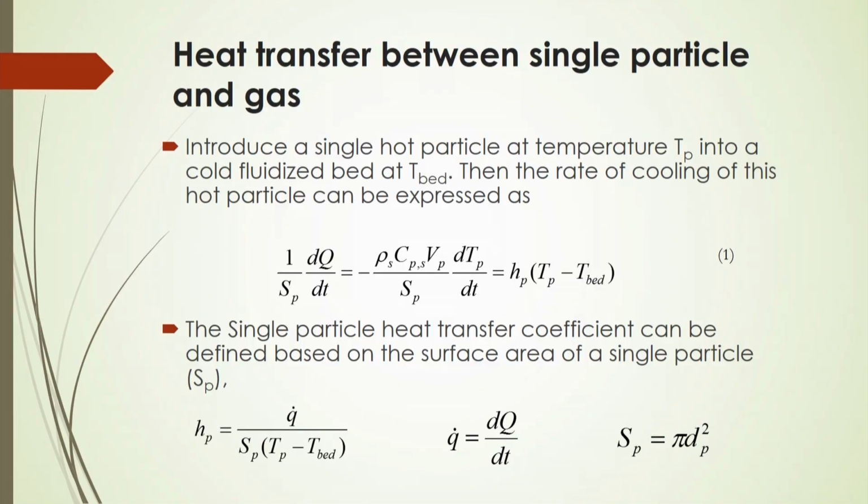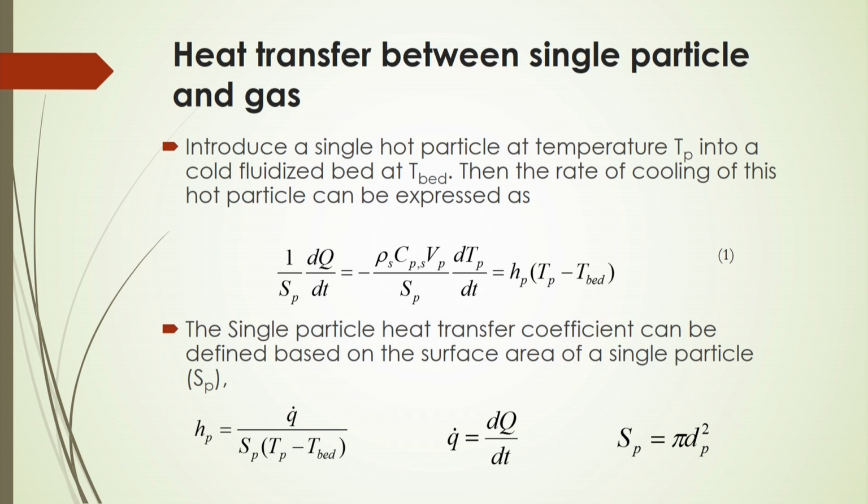Now, what should be the heat transfer between a single particle and gas? Because we have to know the basic fundamentals of heat transfer from one phase to another phase. If we consider one single particle, how will heat be transferred from this single particle to the gas?